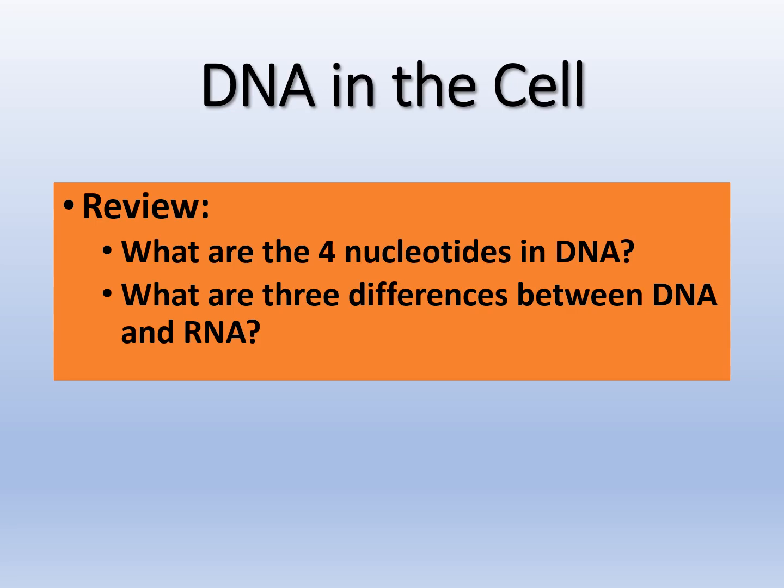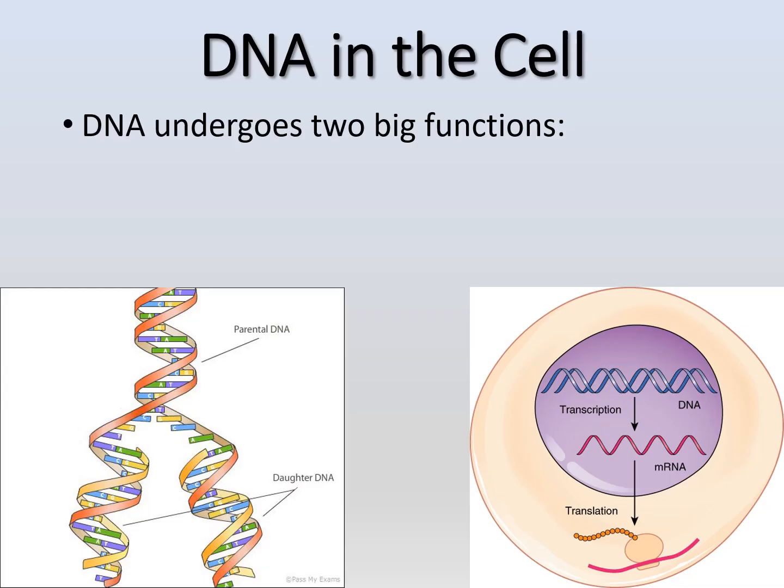And then another thing is RNA is single-stranded, so it doesn't have the double helix or the double-stranded structure like DNA does, okay? And then we've also replaced one of our bases with uracil instead of thymine. So adenine is going to pair with uracil instead of thymine in RNA.